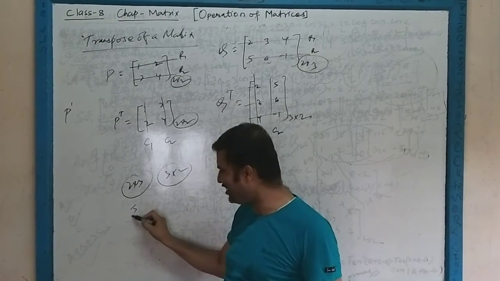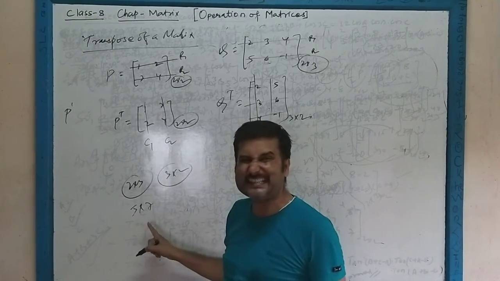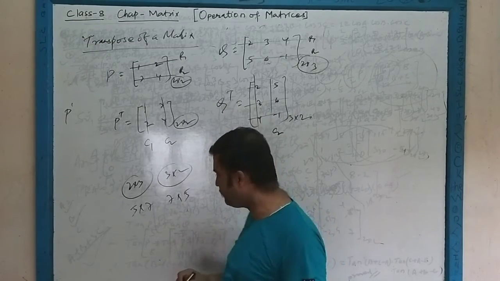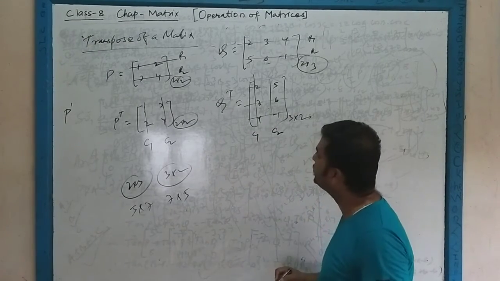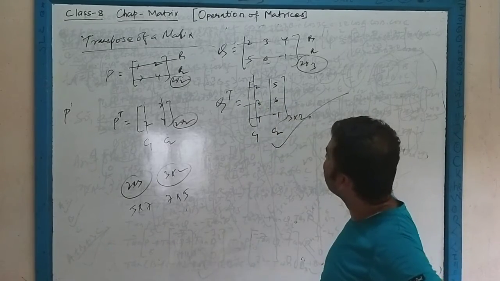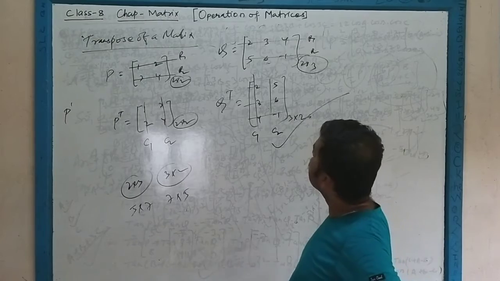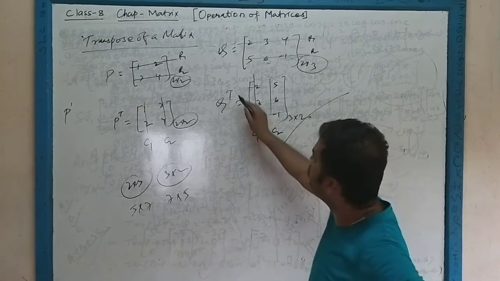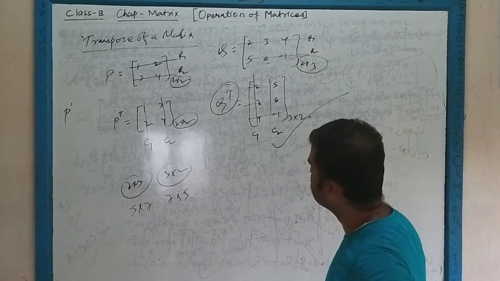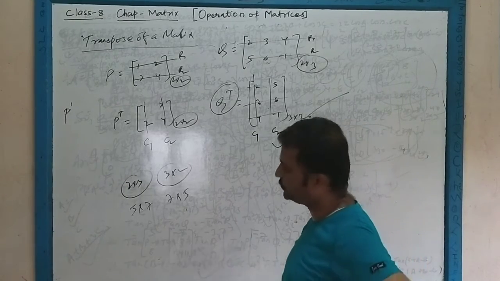If a matrix is of order 5 by 7, its transpose will have an order 7 by 5. Correct. So this is the transpose of the matrix Q.